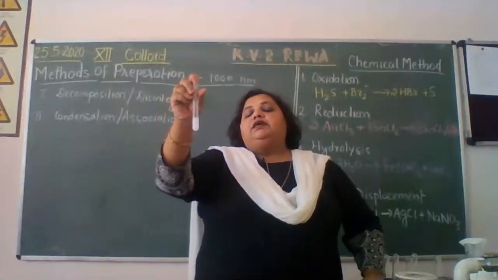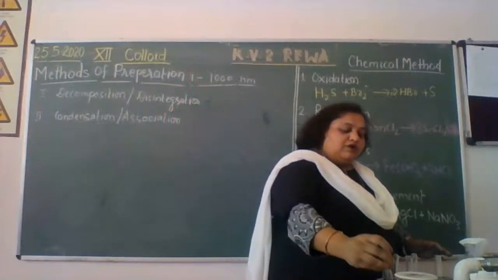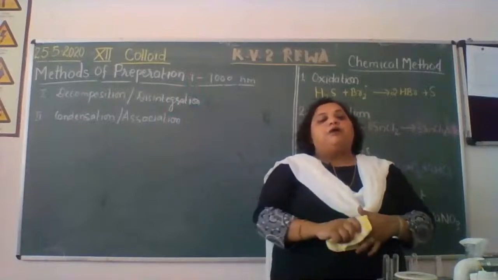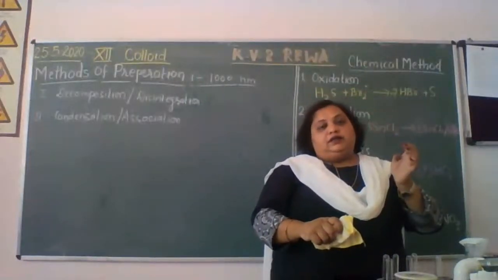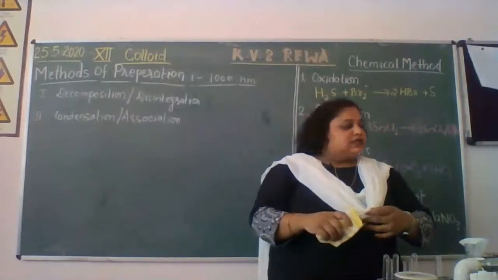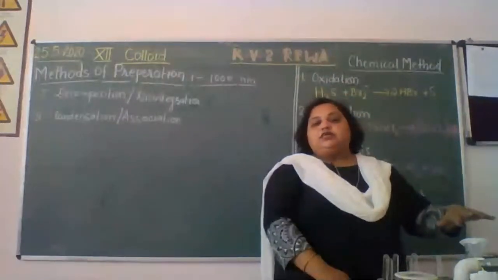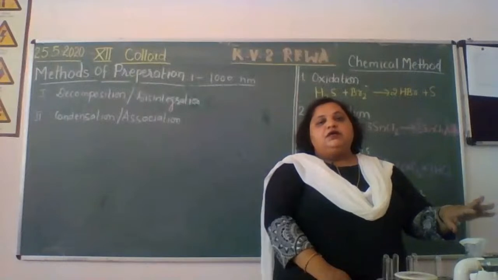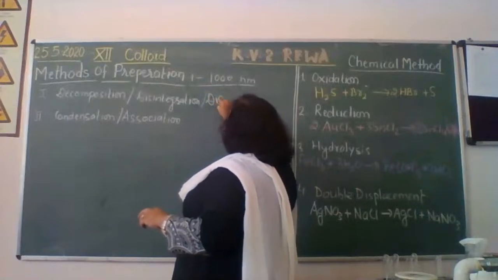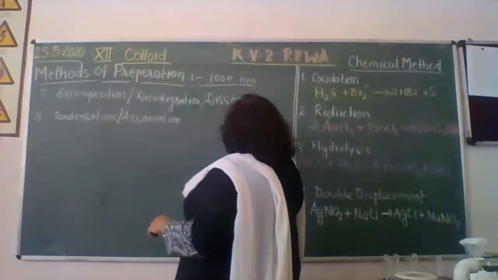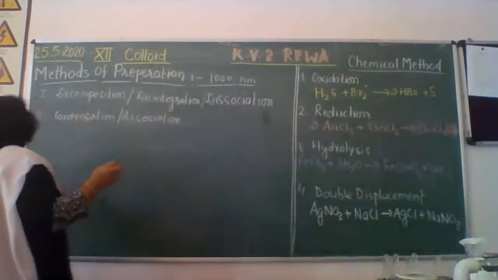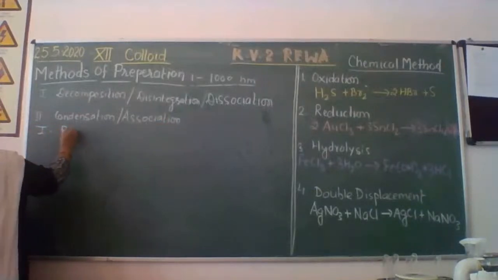The precipitate is always a suspension, which means its particle size is greater than the particle size of the colloid, so now you have to divide it into fine particles. This comes under the decomposition or disintegration methods, the dissociation method. Simply, you are dissociating it, and the first method that I have taken here is peptization.